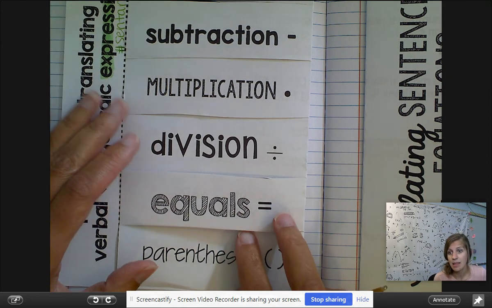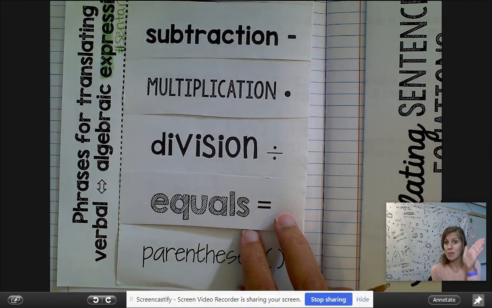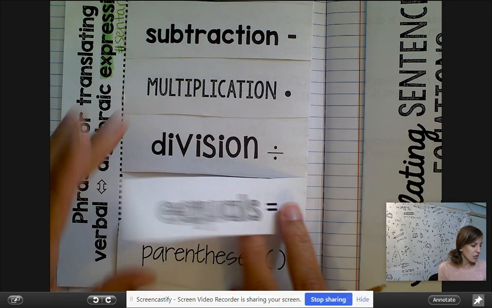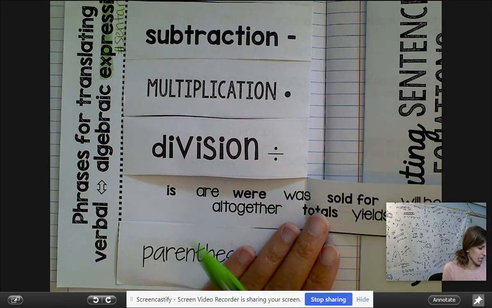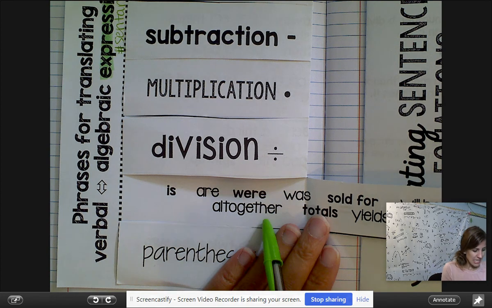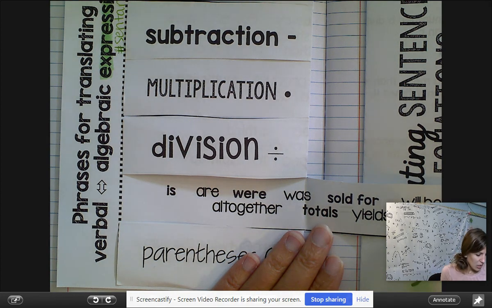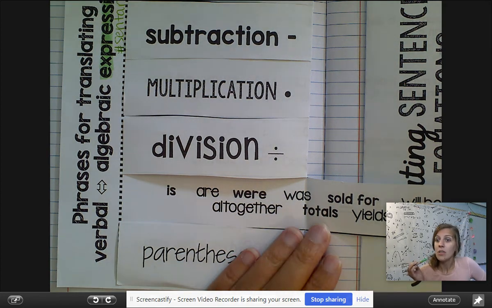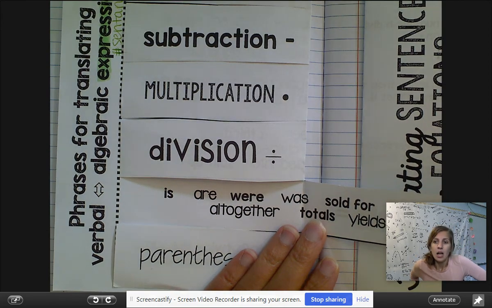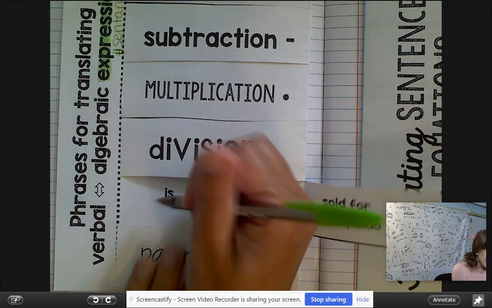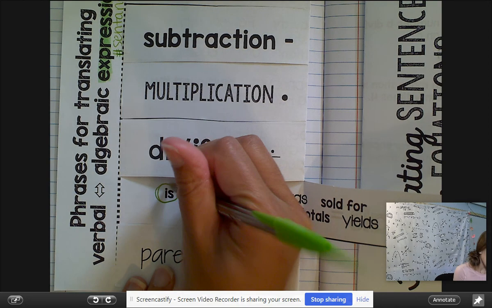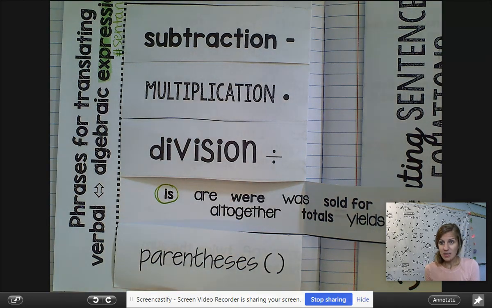If you're looking at a mathematical sentence, like a string of numbers, but then there's no equal sign, you're not going to use any of these words. So like is, are, altogether, total, will be, sold for, all those are really good equal words. Like is the best equal word. But if there's not an equal sign there, you're not going to use that word. Or if that word is not there, you don't have an equal sign in your math sentence.